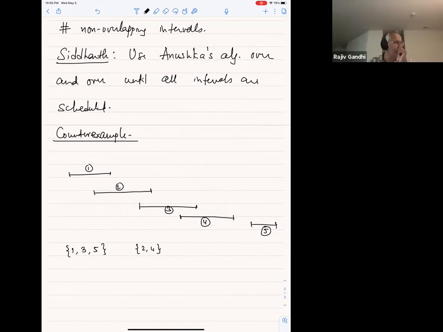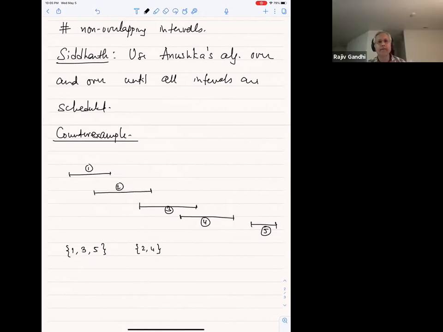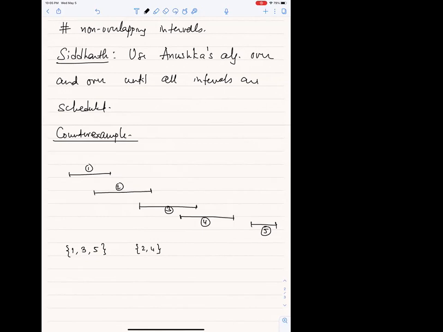So let's ask Siddharth. Siddharth, does your algorithm work or doesn't it? Yes, my algorithm works. Earlier we said that Anushka's algorithm does work and we can prove it, and my algorithm works on Anushka's principle. Anushka's algorithm takes the maximum number of intervals in one room, so we grab as much as possible in one room, and whatever's left over will be the least amount possible.